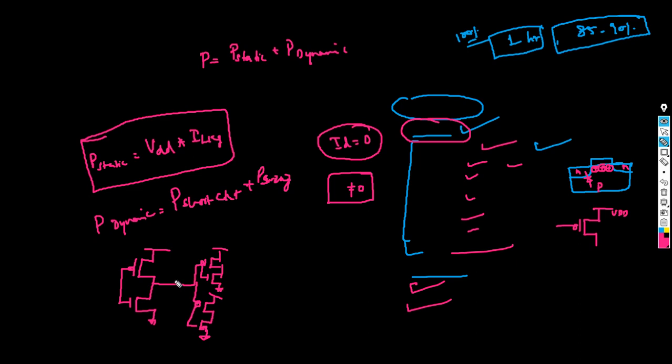Now look at this. This node is going to have something called CL, that is an output capacitance or load capacitance. Now there is a wire which is connecting all of these things. So there is a wire being connected.